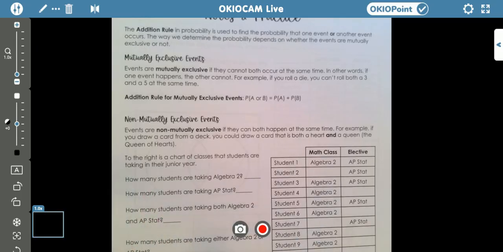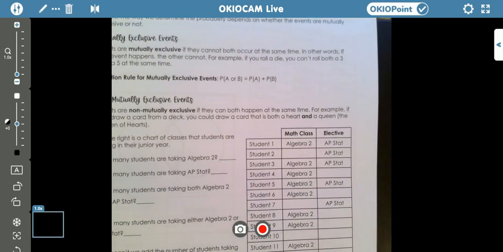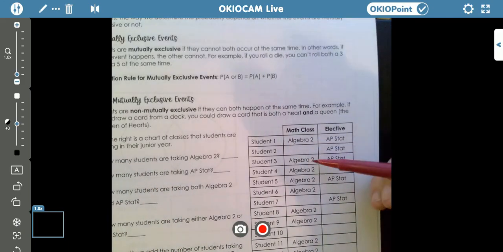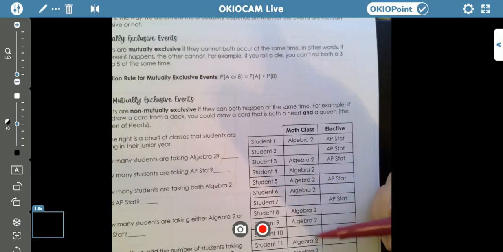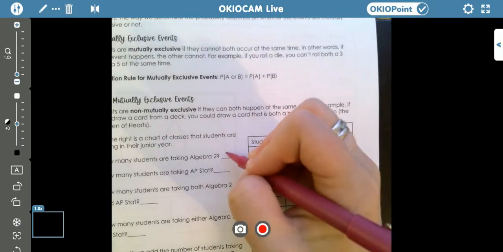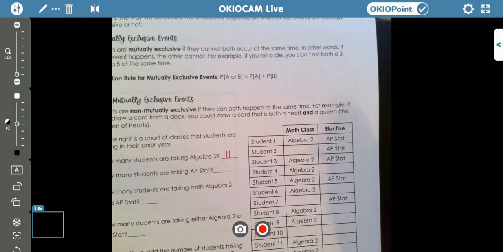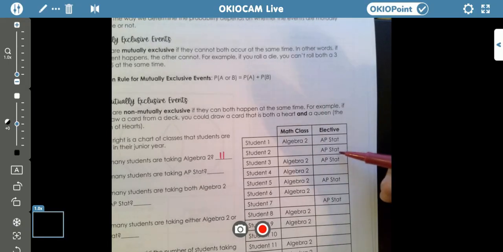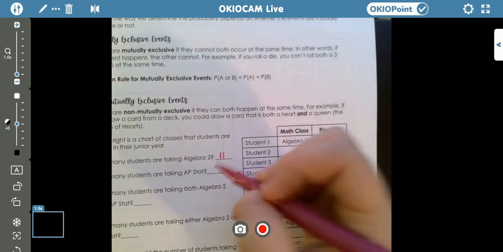So if we look at this chart over here, to the right is a chart of classes that students are taking in their junior year. How many students are taking Algebra 2? Well, we just count them up. 1, 2, 3, 4, 5, 6, 7, 8, 9, 10, 11. 11 are taking Algebra 2. How many are taking AP Stats? 1, 2, 3, 4, 5, 6.